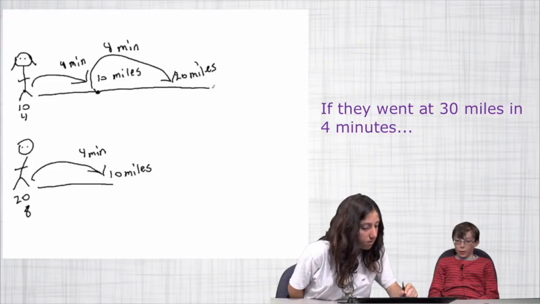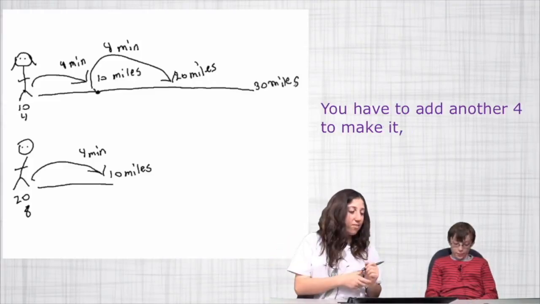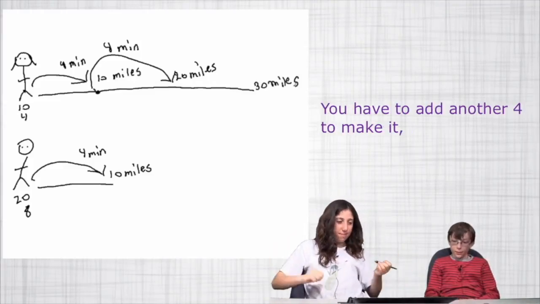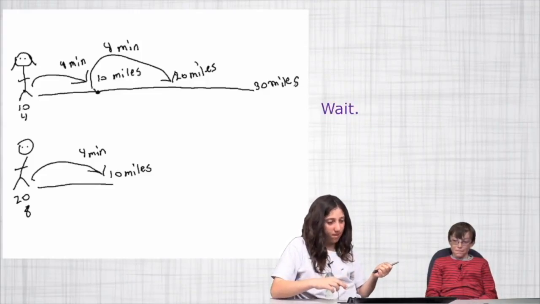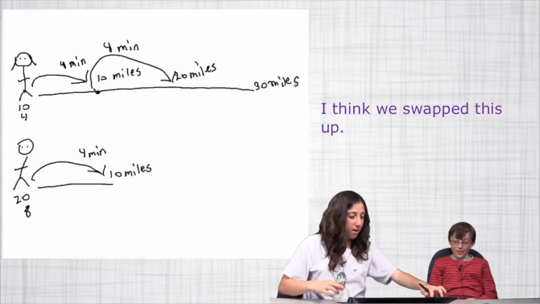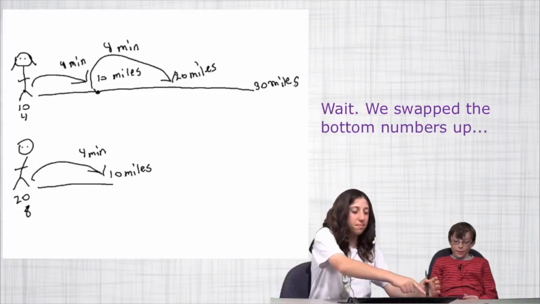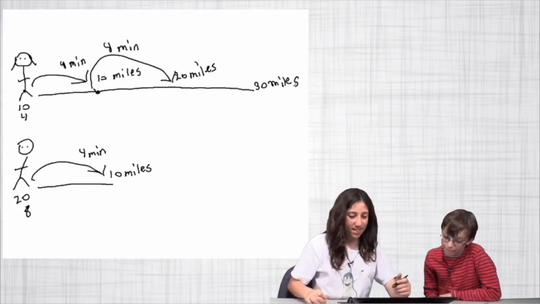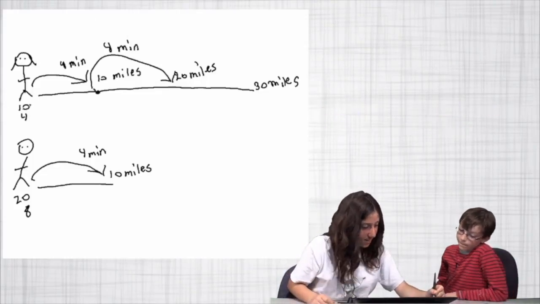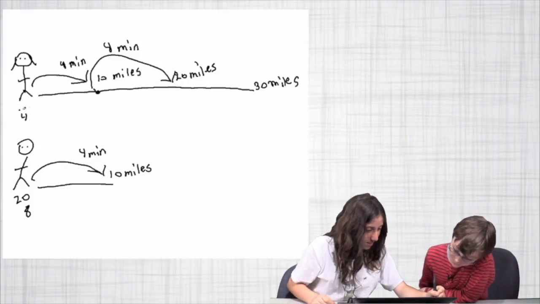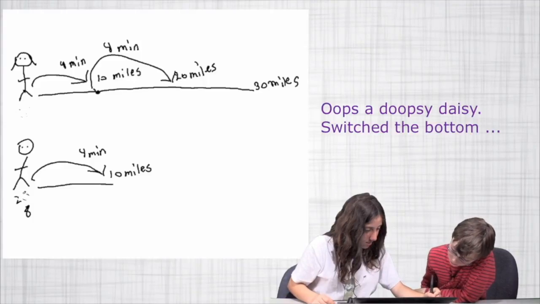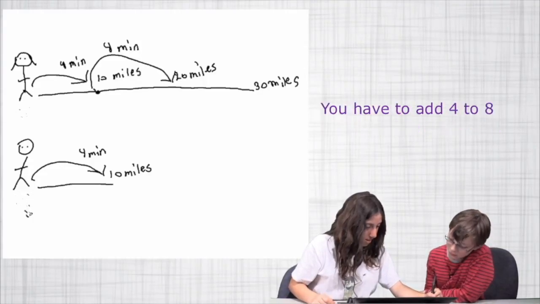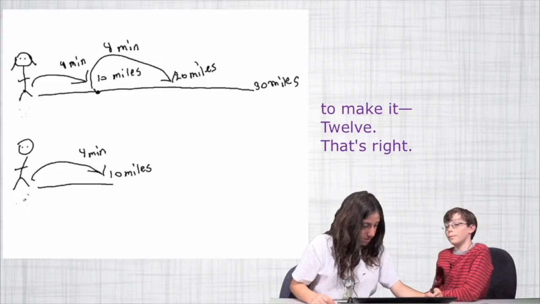If they went 30 miles in 4 minutes, you have to add another 4 to make it... I think we swapped this up. Wait, we swapped the bottom numbers up. That's right. You have to add 4 to 8 to make it 12.